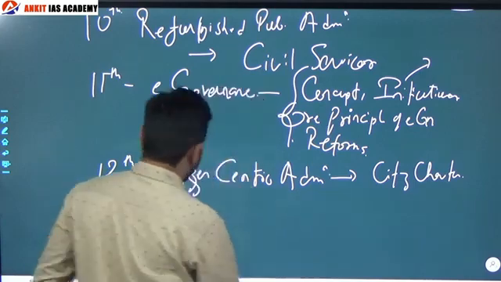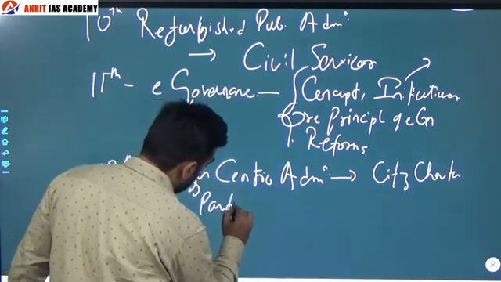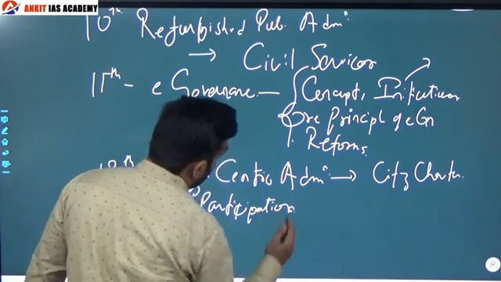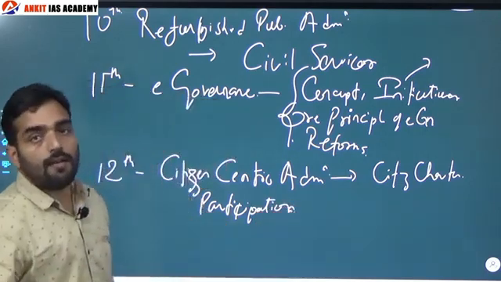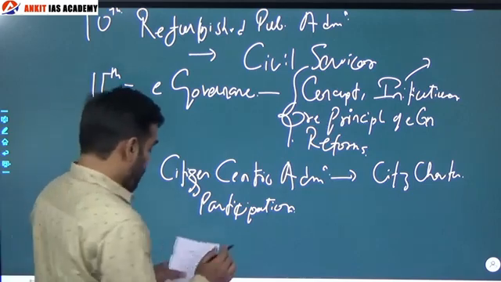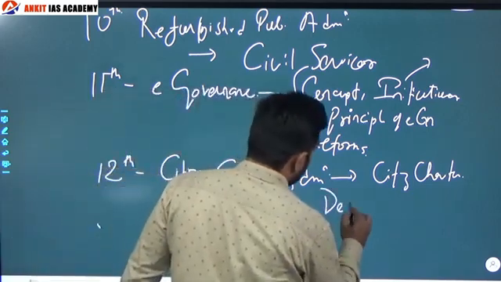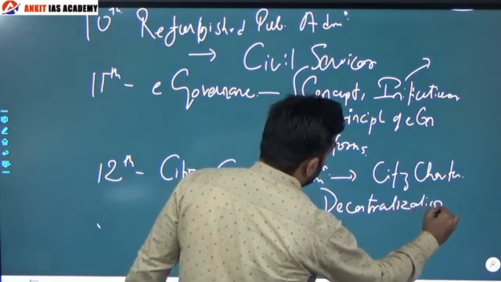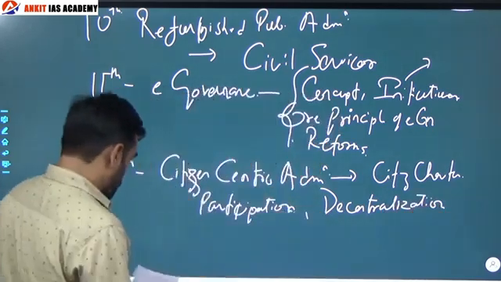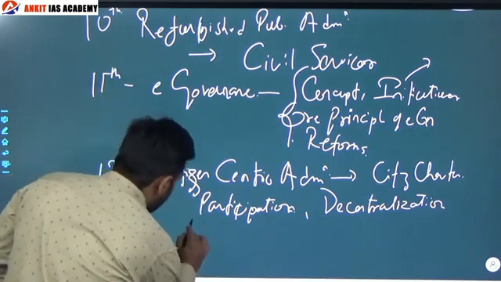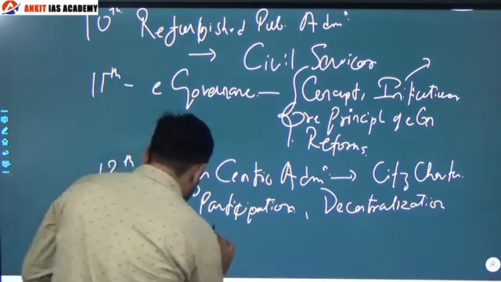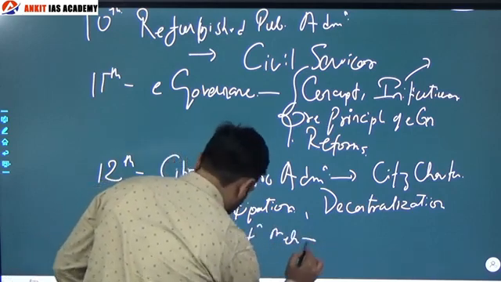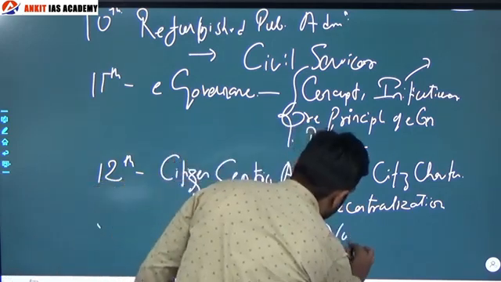Then it talks about participation of people at the grassroots level in the governance process. Then decentralization, a very familiar term. Fine. Then there is special institutional mechanism for vulnerable sections.